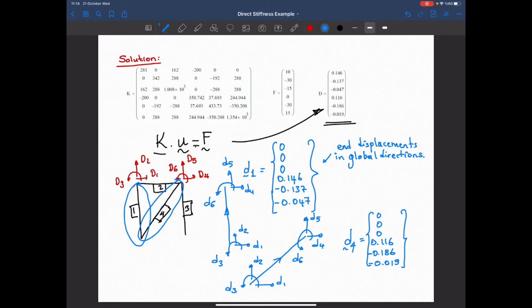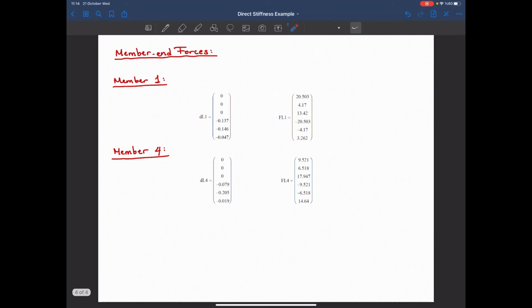Okay, now we determine all the end forces for every member, but remember that these are all defined in the global directions. Now what we need to do is to transform them into local directions. How do we do that? We have to do global to local transformation. You can do it this way. I'm showing it.